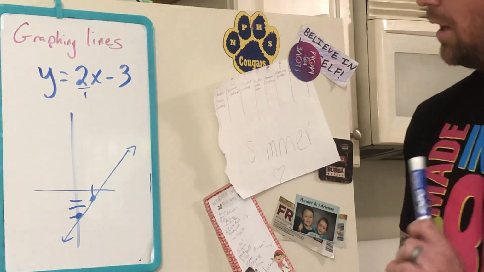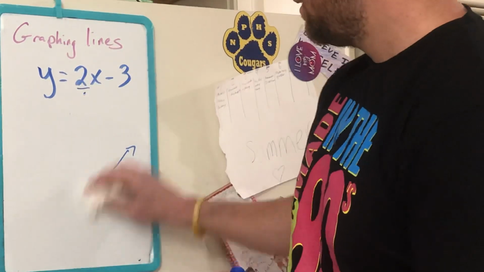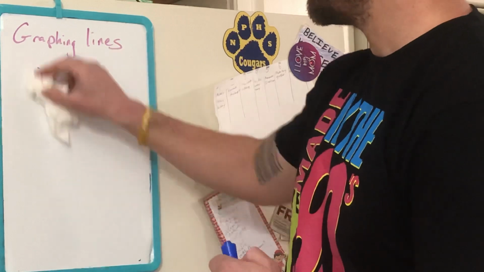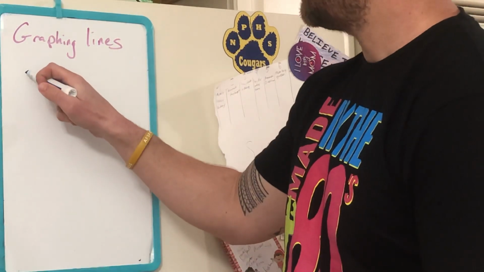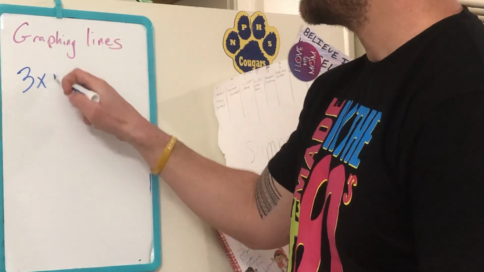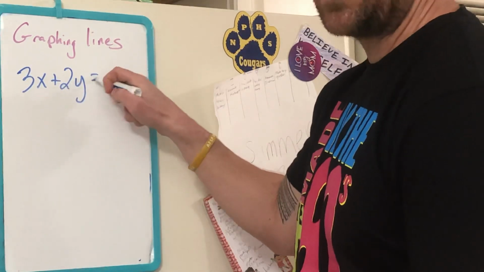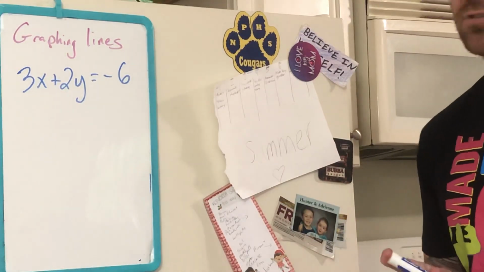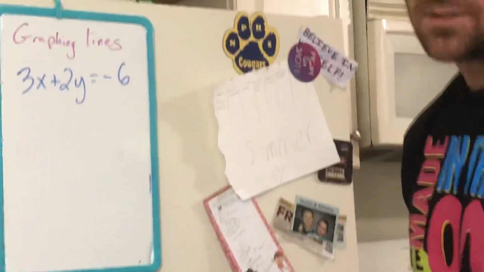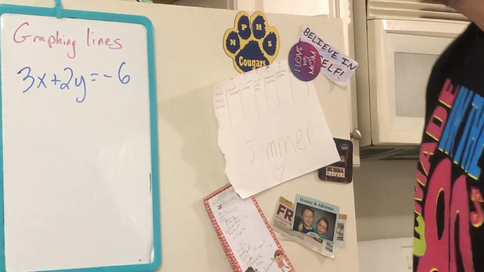Okay. And the last equation I want to show you is going to be in standard form. So that's 3x plus 2y equals -6. So there's 2 ways you can go about doing this. I'm going to show you both ways.